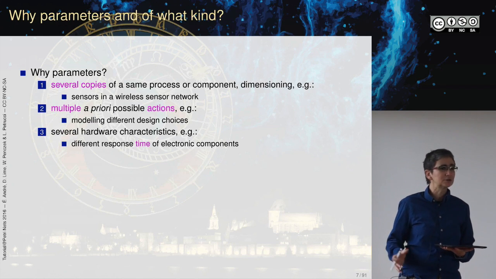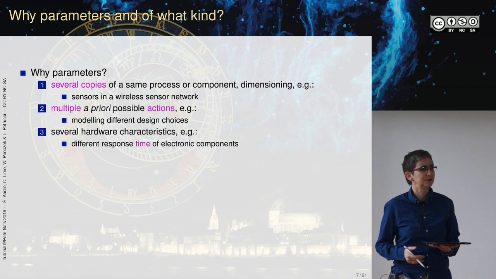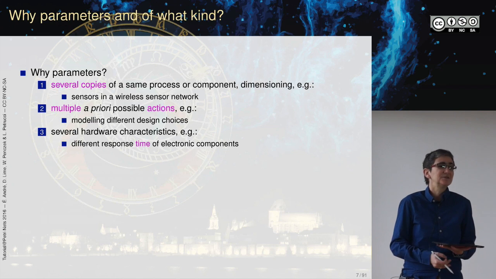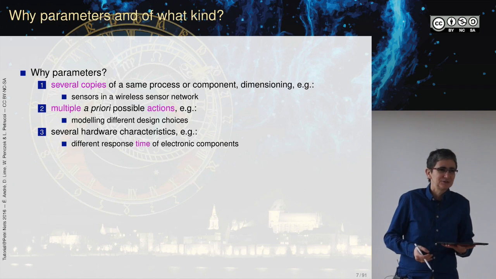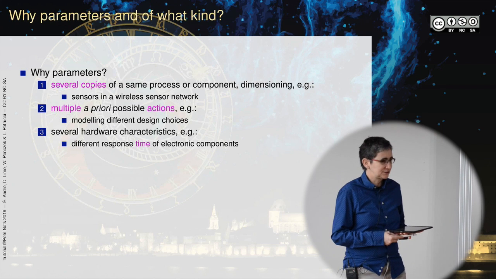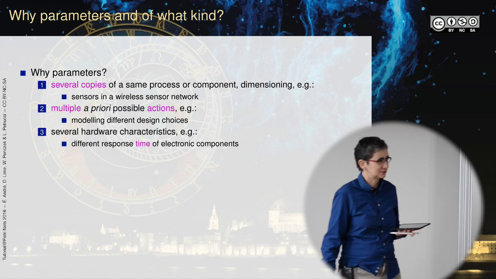So you want to do one copy and have several instances of the same model. But maybe a priori you don't know how many you will have. So you want to use a parameter to say, well, I have a certain amount of processes, of sensors or whatever.